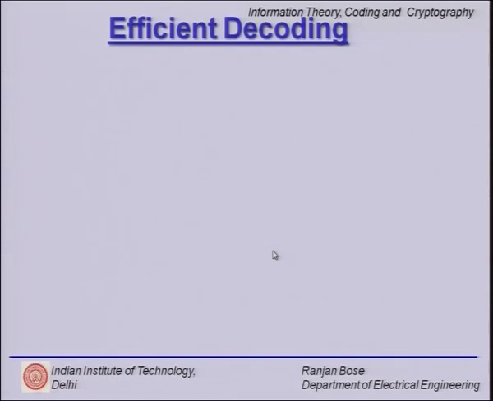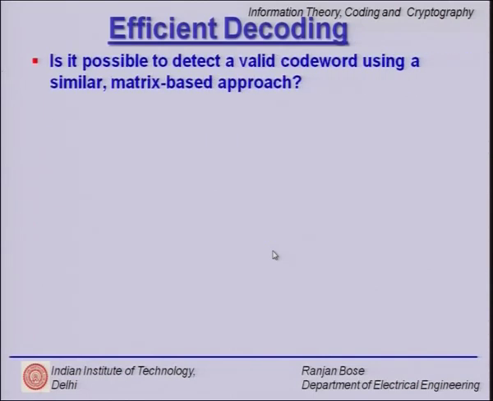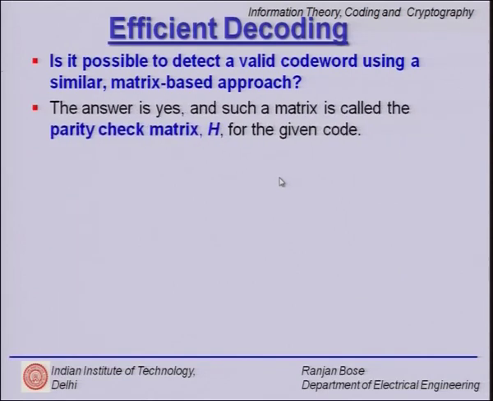The answer of course is yes. It's the question we have posed. The answer lies in the parity check matrix, typically denoted by H. But what properties should this parity check matrix have? Now a word of caution, this is called the parity check matrix.